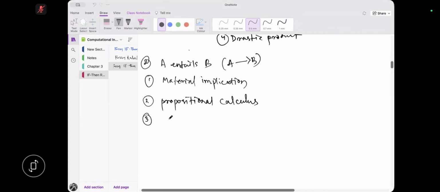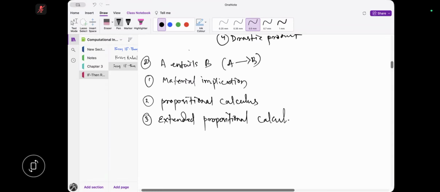Number three, extended propositional calculus. Number four, generalized modus ponens.